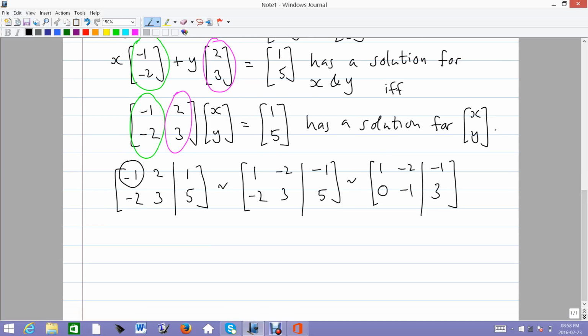Let's create a 1 in this position. And then finally, to take us to row reduced echelon form, let's create a 0 here. This, of course, is not essential to solve the system of equations, but it does make things a little easier.